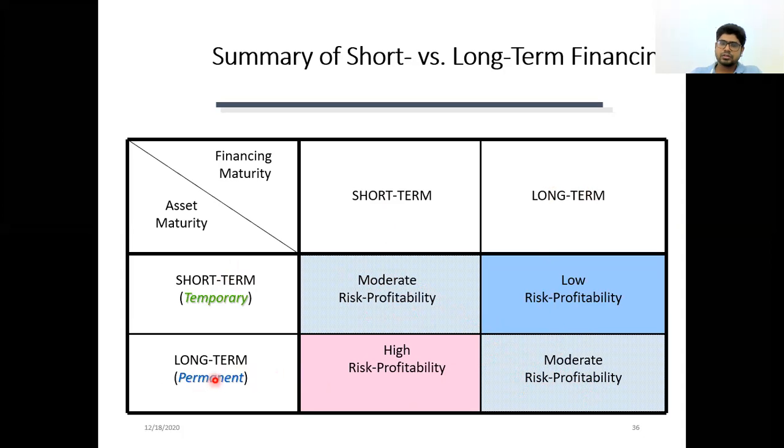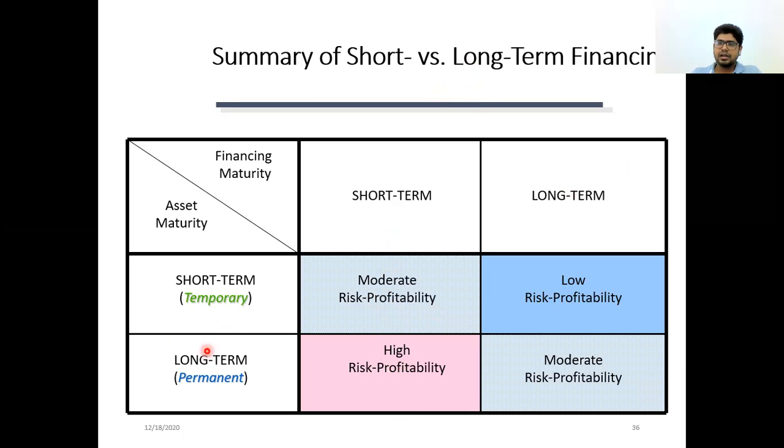And this one, the long-term financial requirement is funded by short-term financing. Which approach is this? Long-term financial requirement is funded by short-term sources of finance. Any answers? Aggressive. Very good. Aggressive policy.